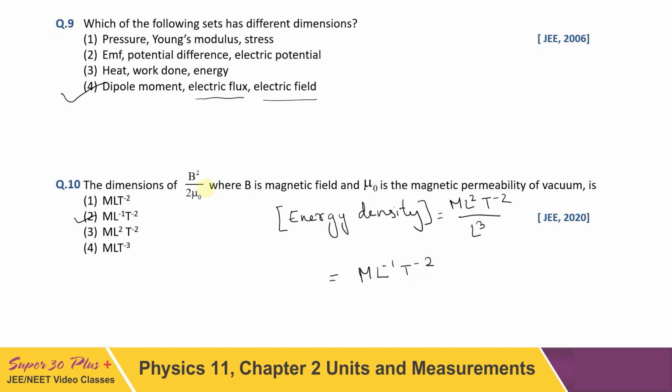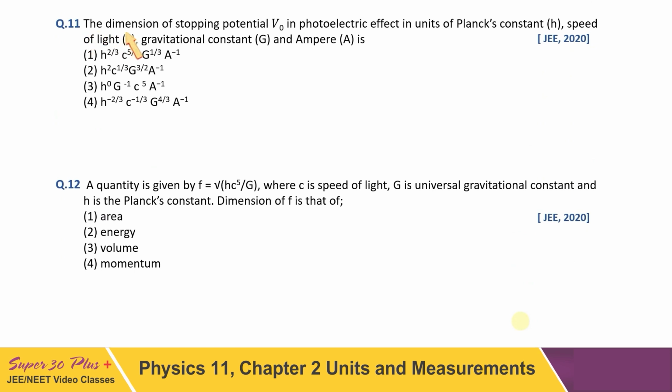Let's move on. The next question is the dimension of stopping potential V naught in the photoelectric effect in units of Planck constant h, speed of light c, gravitational constant G and ampere A. Let us assume that V naught depends on h, c, G and A, and I am assuming the dependence V is proportional to h to the power a, A, which is current, to the power b, G to the power c and c to the power d.